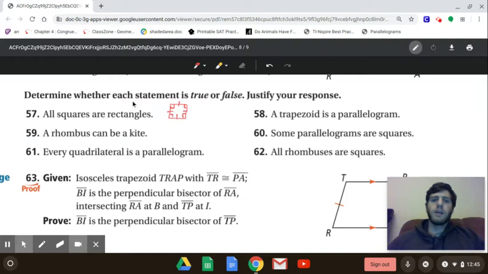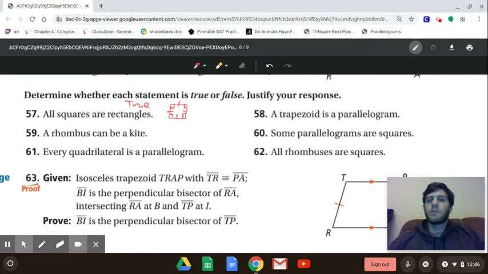A rectangle is defined as a quadrilateral with 4 right angles. And since all squares have 4 right angles, all squares are going to be rectangles. So that is true. A rectangle is a quadrilateral with 4 right angles. All squares have 4 right angles. So therefore, all squares are going to be rectangles. So that one is true. And there's our sketch. You can write that out in words or just give the sketch.